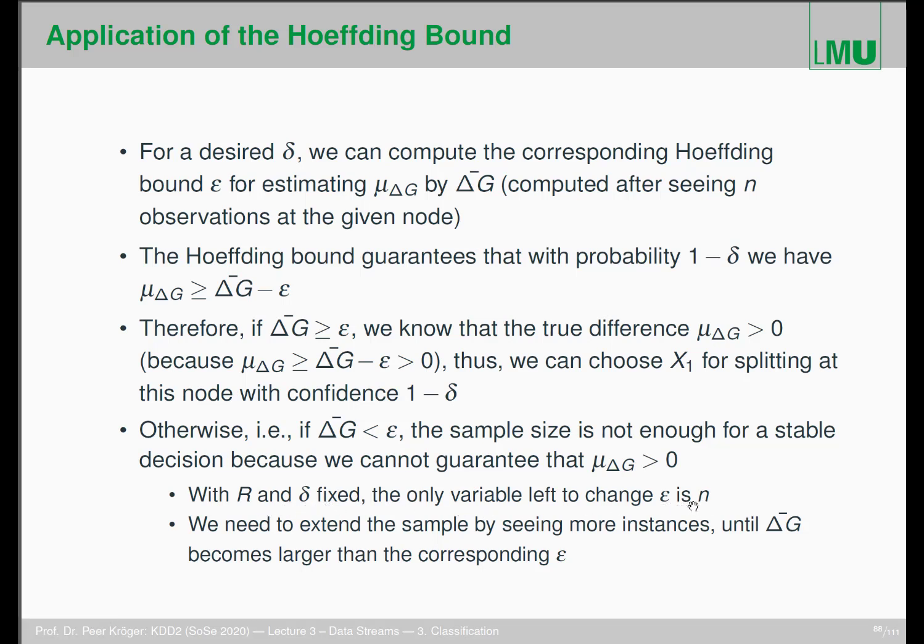So we have to observe more instances at the node in order to reduce epsilon. Of course, delta G prime will also be recomputed. We need to extend the sample in that case by seeing more instances until delta G prime becomes larger than the corresponding epsilon. So delta G prime and epsilon will change if we look at more instances, obviously.